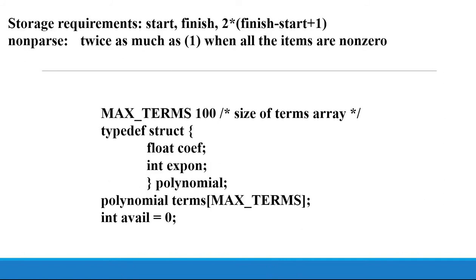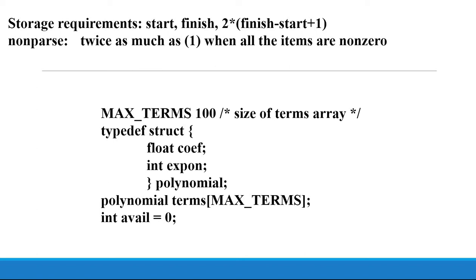Okay, storage requirements, start, finish. We are going to use many variables like start A, finish A, start B, finish B, start D, the destination polynomial, and finish D. Here a little alteration is done in the declaration of the polynomial array.